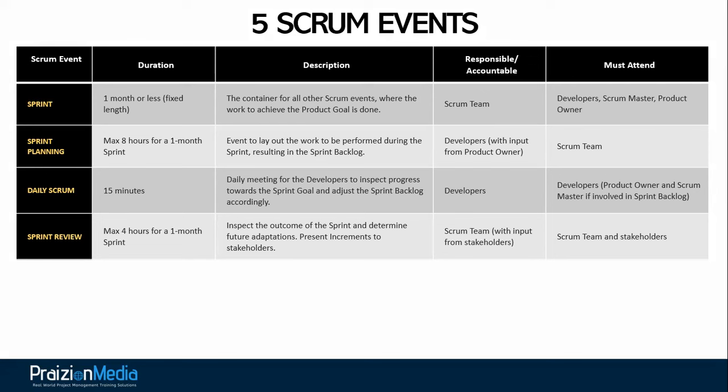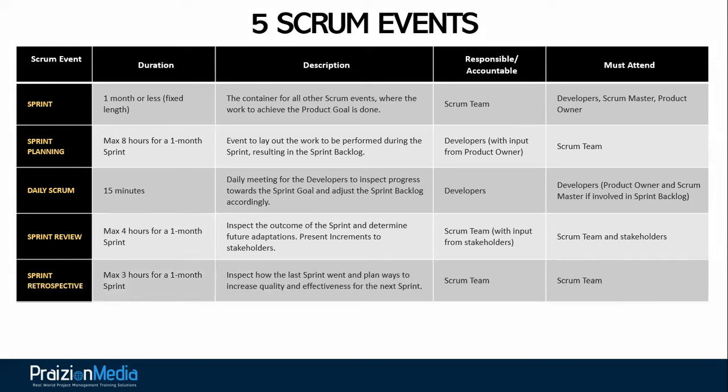This will be an opportunity for the product owner to ensure whoever needs to be in the room is in the room. And same for all the other team members, right? So who must attend? The Scrum team and stakeholders. When we say Scrum team, we're talking about all three roles: product owner, Scrum Master, and the developers.